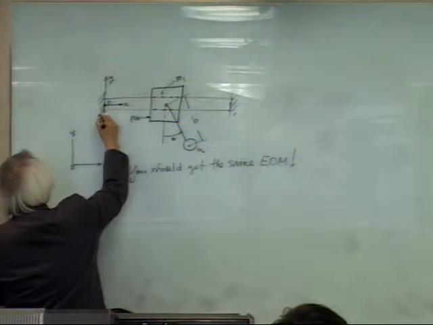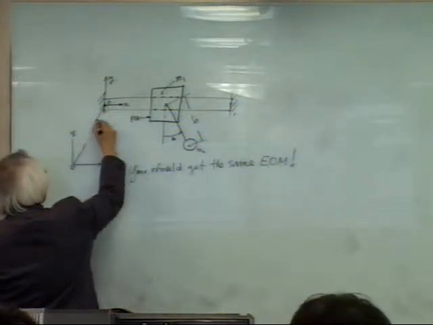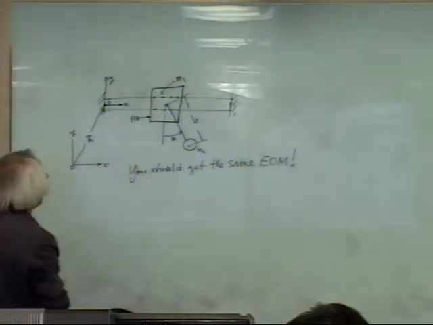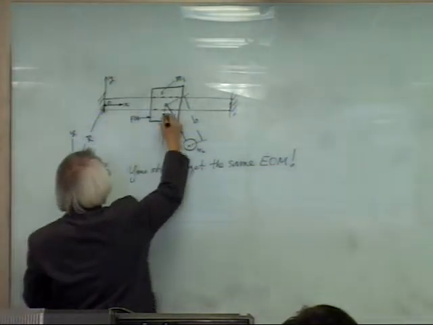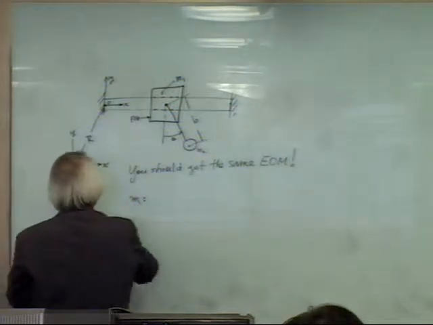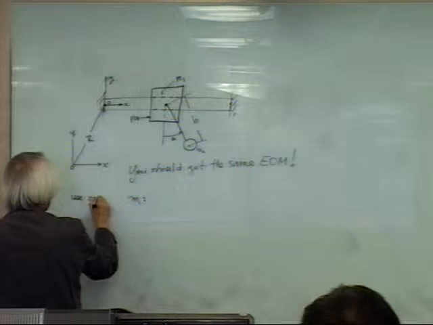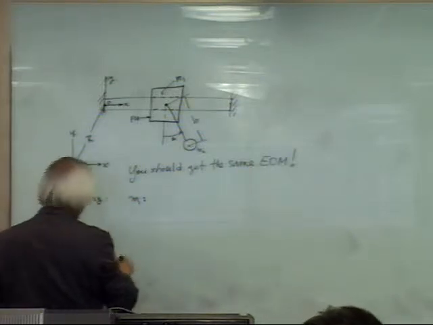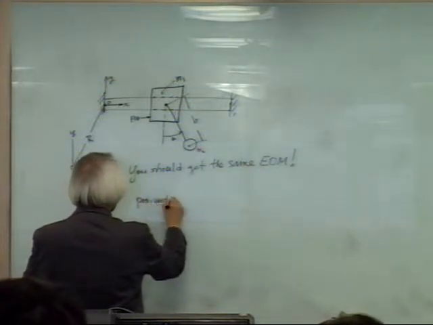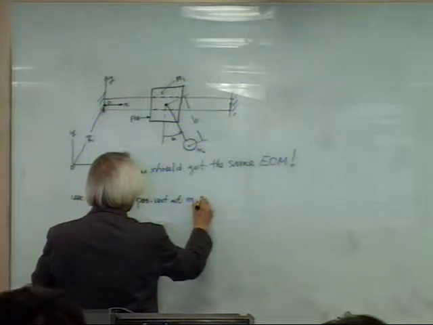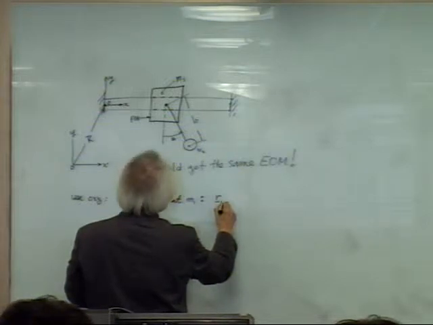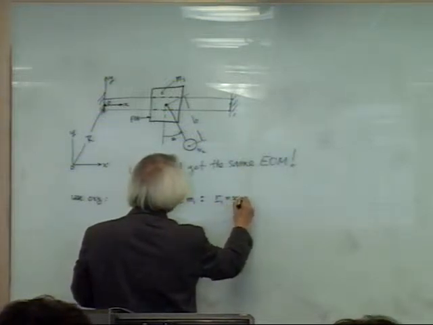Let's say the distance from here to there is R. And if I make a position vector from here to M1, using the xy frame, the position vector of M1, r1, is just xi.